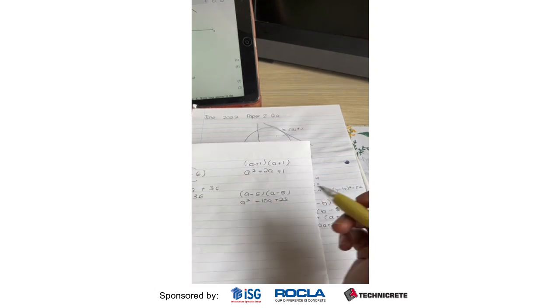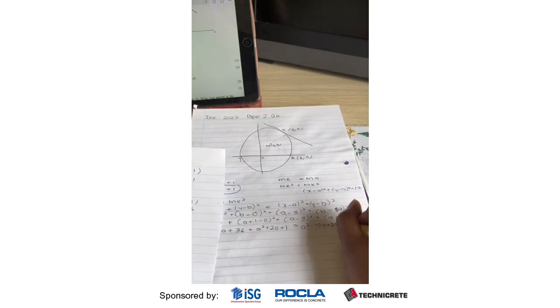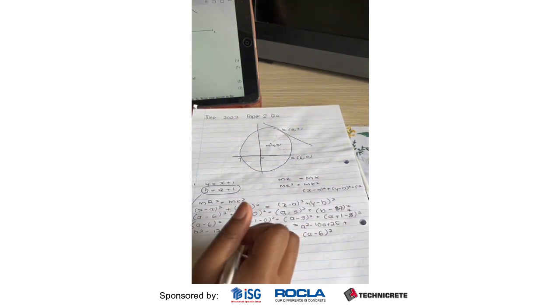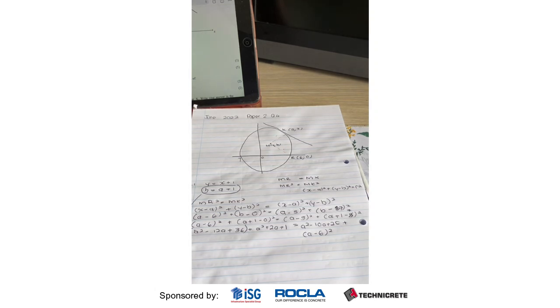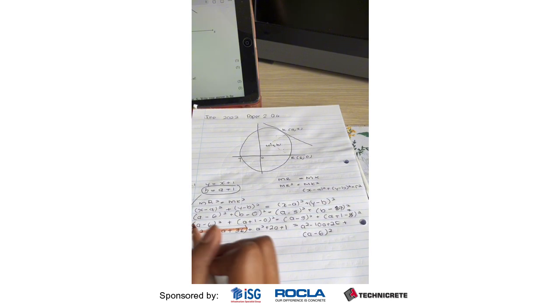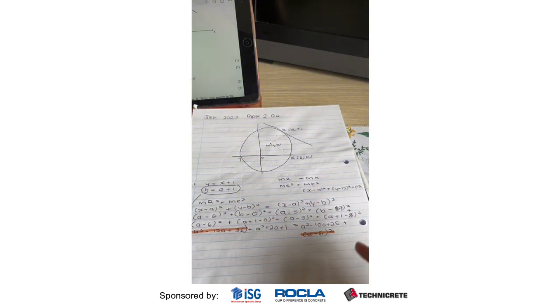Same thing. Okay, so now we're noticing here that we also have a positive a minus 6 squared. What does that mean to us? That means that we have the same on both sides, so we can cross it out, because we cross out what's the same on both sides. I'll repeat what I just said. a plus 1 minus 7 gives me a minus 6 squared, and we also have the a minus 6 squared on this side, so we can cross it out, because we have an equals sign in the middle and it basically cancels out.